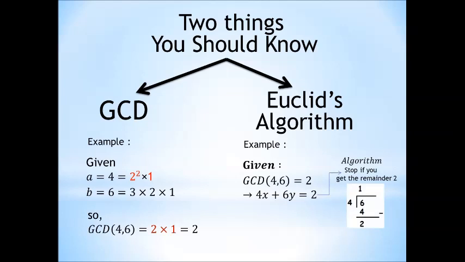We divide 6 by 4, which gives 1 as the result and 2 as the remainder. You just stop when you reach the remainder, 2 in this case. Then you can write this as 2 times 4 plus minus 1 times 6 is 2. So the value of x is 2 and the value of y is minus 1.